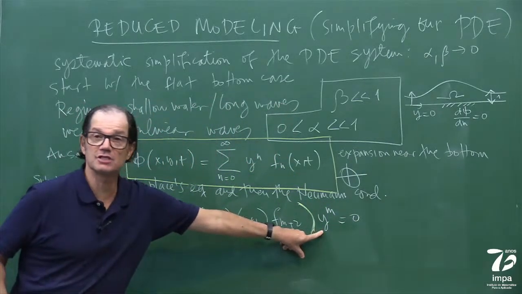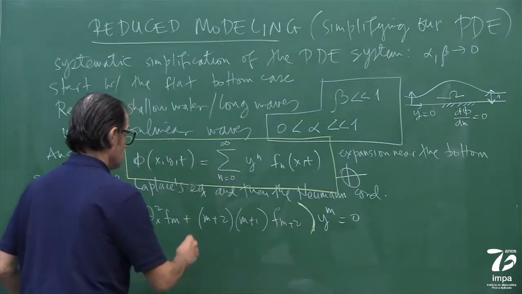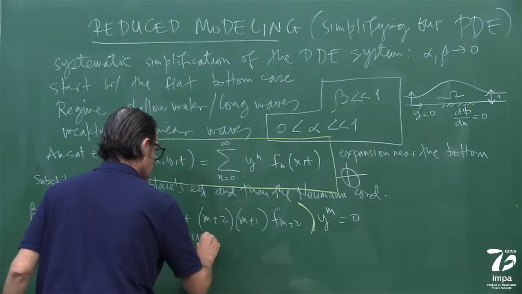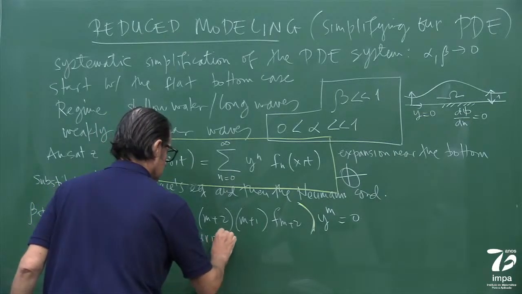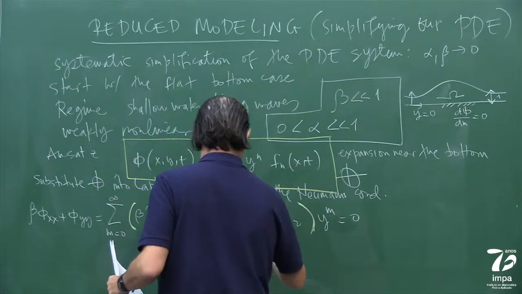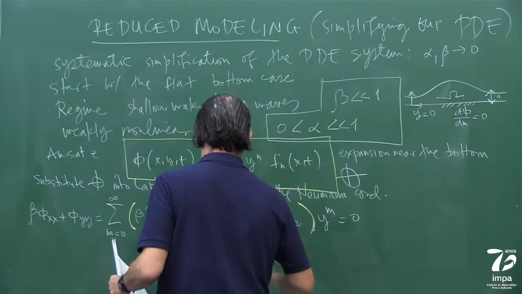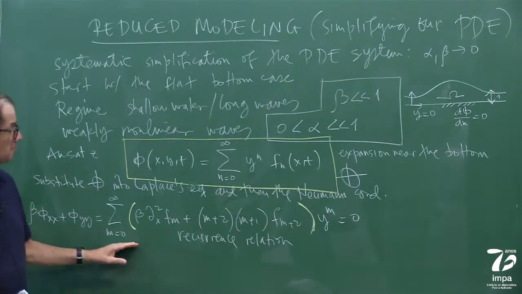It's a power series expansion in y. This is going to give me the recurrence relation. This is what we call the recurrence relation. So this is a power series.